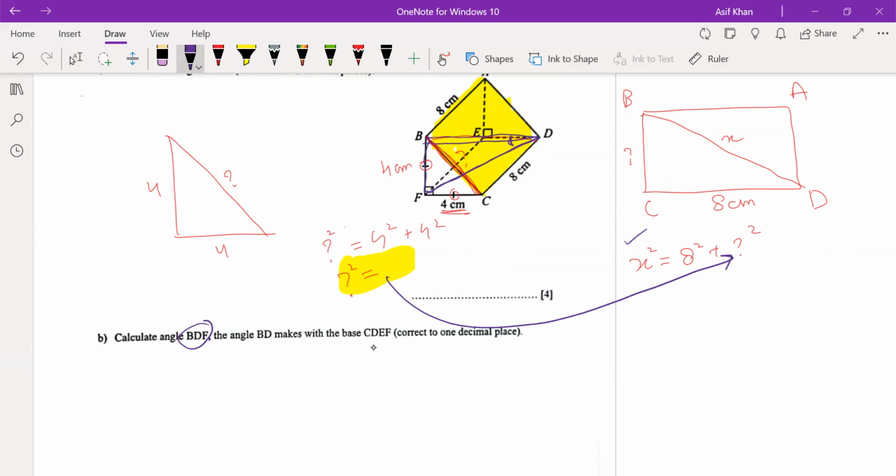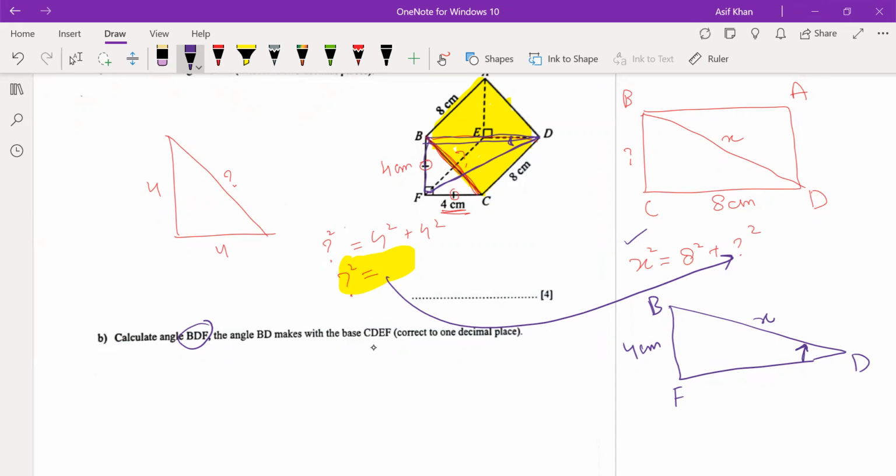This BDF triangle I am drawing, BF and this D. Here is the triangle. This one is B, this one is F, this one is D, right? So the length of BF is 4 cm, okay? And the length of BD, we just calculated above, x, and we have to find this angle.